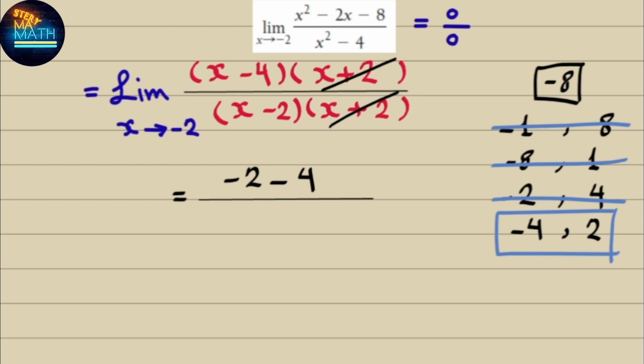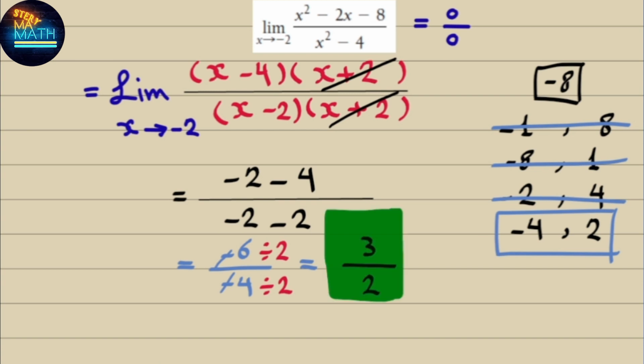So negative 2 minus 4 divided by negative 2 minus 2, which is negative 6 divided by negative 4, which is 6 over 4. Now you can divide by 2, because 6 and 4 are divisible by 2. 6 divided by 2 is 3, and 4 divided by 2 is 2. Now the answer is 3 over 2.